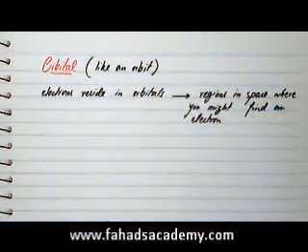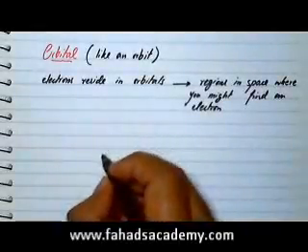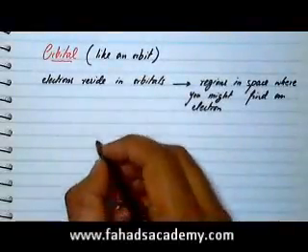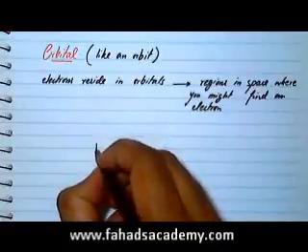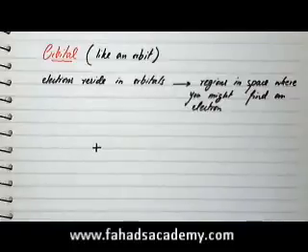So there are regions in space where you might find an electron. Now, those regions in space are located around the nucleus. The nucleus is positively charged, and let's talk about one.